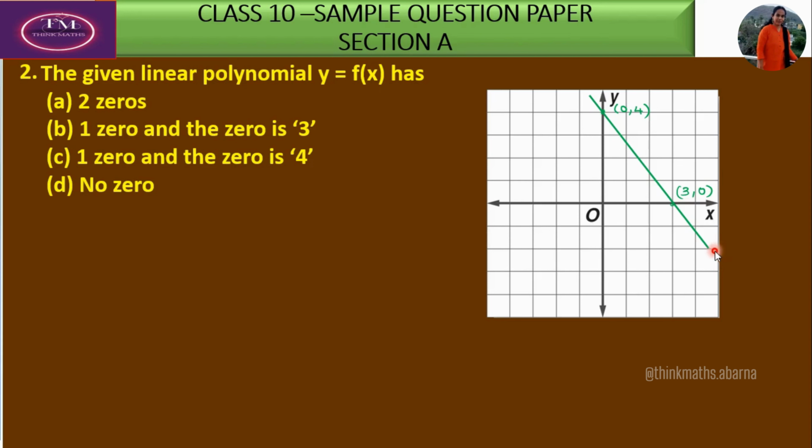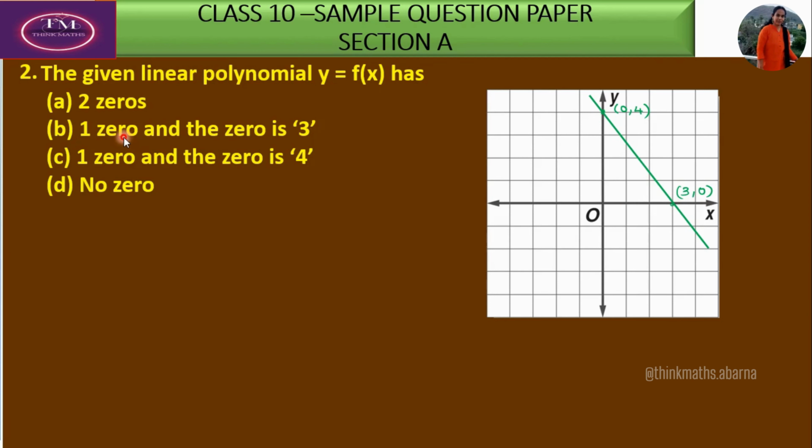What is the question? How many zeros are there? So we have to check the x-axis. In the x-axis, this green line meets at only 1 point, so the number of zeros is 1.